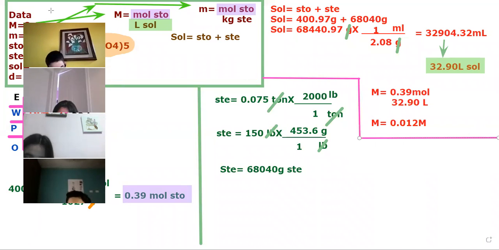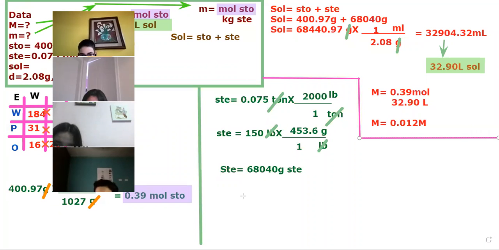I'm going to close this part like this. But if you see, the molality is missing. For the molality, you must have kilograms of STE. That is a simple conversion that you can do with this number. I'm going to convert this to kilograms. Kilograms of STE. Okay, I'm going to close it.